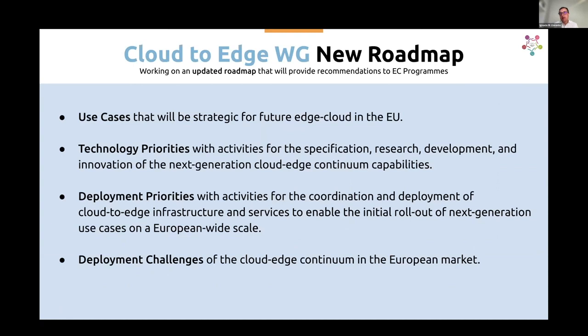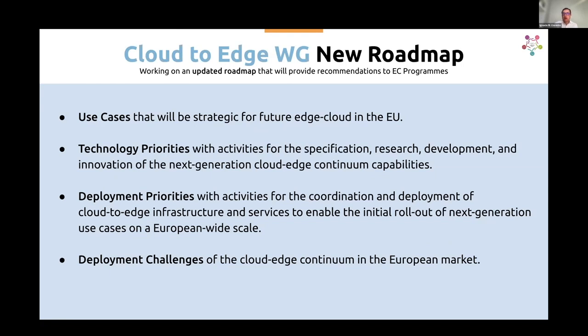What to expect? Basically, you will see in this roadmap that we have defined use cases that we think will be strategic for the future edge cloud in Europe. We will also define technology priorities. This means those activities related to research, development, and innovation that we think are important and we have to prioritize to build next generation cloud edge continuum capabilities.